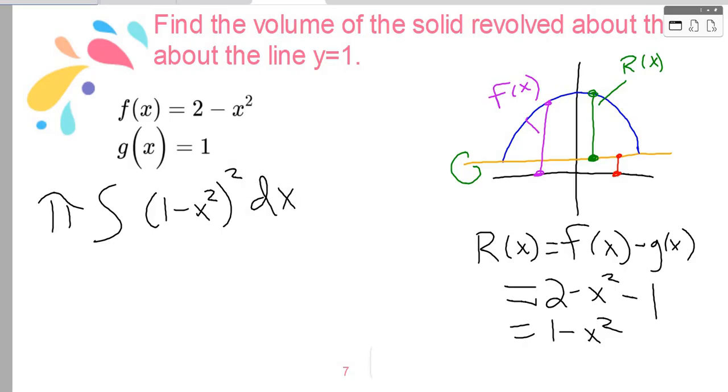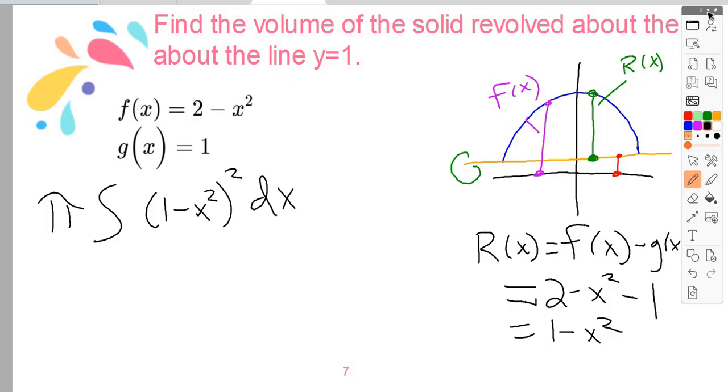What do I still have to put on there? Bounds. What are our bounds? Can they give us bounds this time? So, can I find the bounds? Hopefully so. Notice that we are going from here to here, which also happens to be where our f of x equals our g of x.